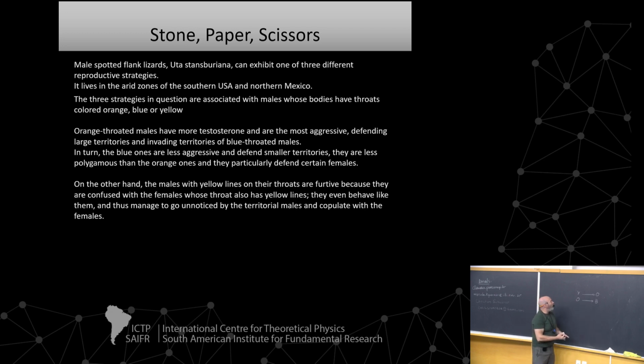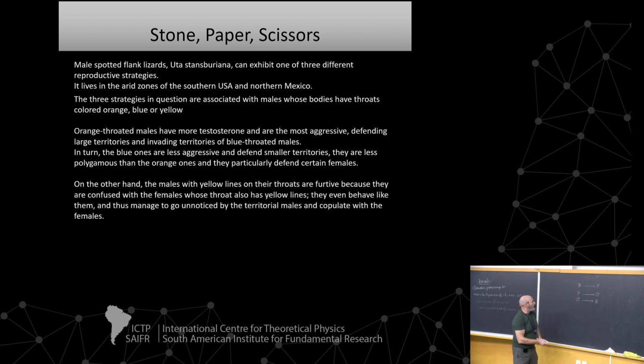So the yellow males that are furtive can get into the territories of the orange males because they are confused with females. But the blue males can defeat the yellow ones because they are more aggressive than the yellows, and as they know exactly each of the females that are living with them, when one of these yellow males tries to get into the territory of a blue, the blue says, "You are not a female, get out from here."